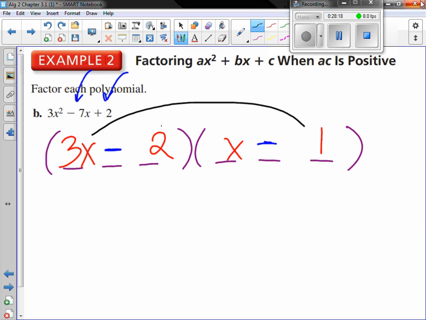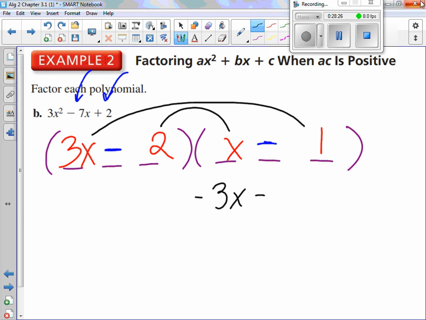3x times negative 1, negative 2 times x. Well, 3x times negative 1 is negative 3x. Negative 2 times x is negative 2x. That gives us negative 5x. Is that what we wanted? No. So what do we want to change? Do we want to change the 3x and x, or the 2 and 1? Doesn't matter which.